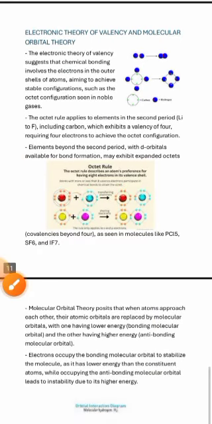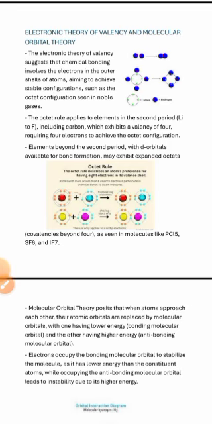Now moving to the electronic theory of valency and molecular orbital theory. The electronic theory of valency suggests that chemical bonding involves the electrons in the outer shell of atoms, aiming to achieve a stable configuration such as the octet configuration seen in noble gases.